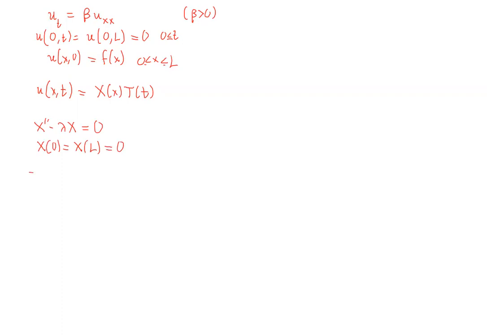And don't forget that we also had an additional equation, T prime minus lambda T equal to 0. Now, from this eigenvalue problem, we found that the numbers lambda for which we have non-zero solutions are minus n squared pi squared over L squared, and that the corresponding solution is X sub n of x equal to sine of n pi over L times x. Okay, so this pretty much summarizes everything that we did before. Questions, please.